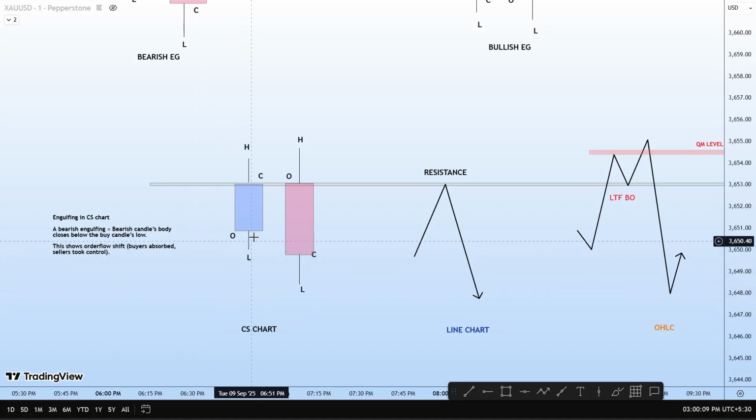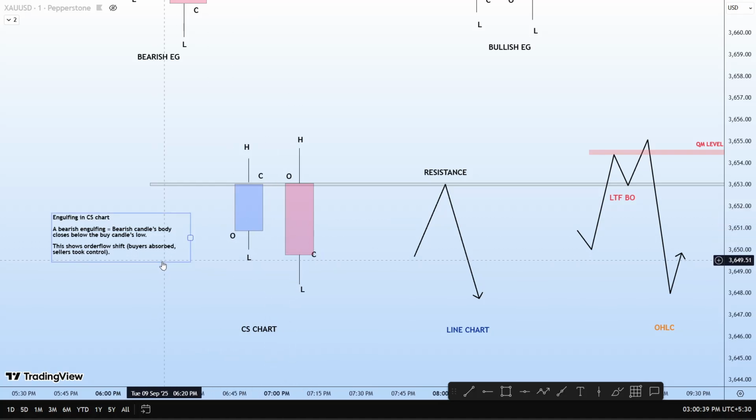The buyers were in control once we closed with this closing, so a bullish candlestick was formed, and this low was the reason for this push. Or you could say this low held and pushed price higher. But in the later market, price closed below the low and engulfed it.